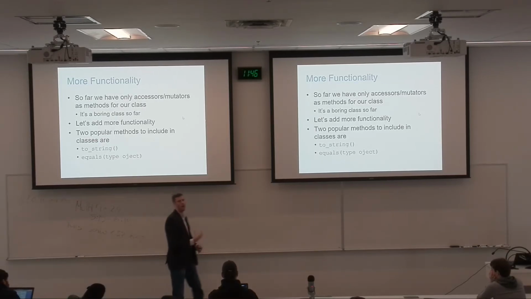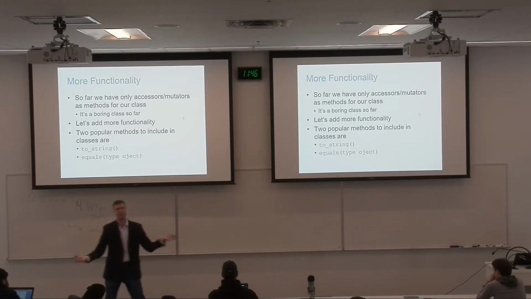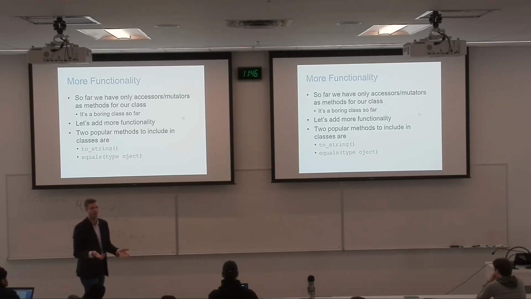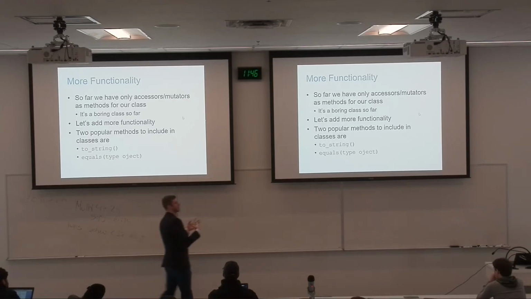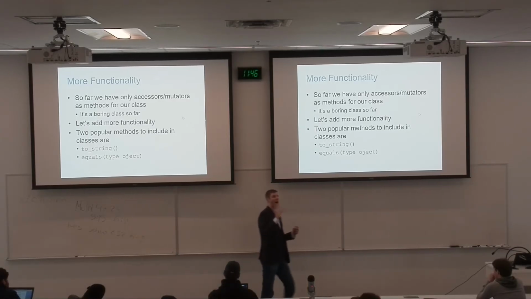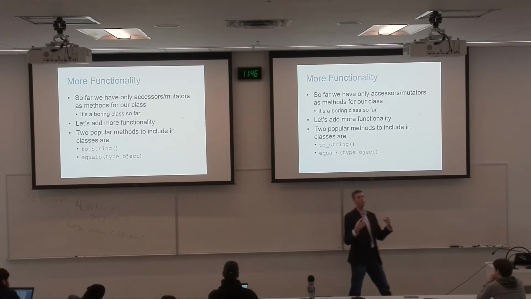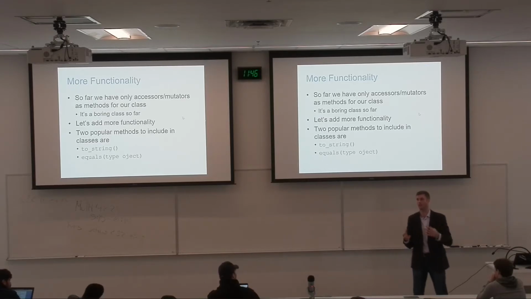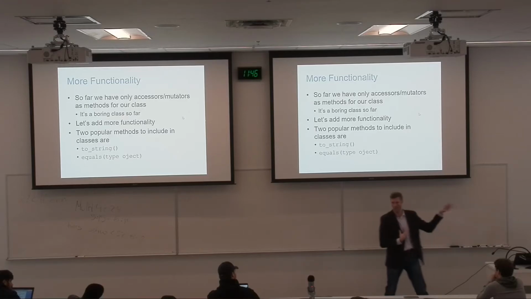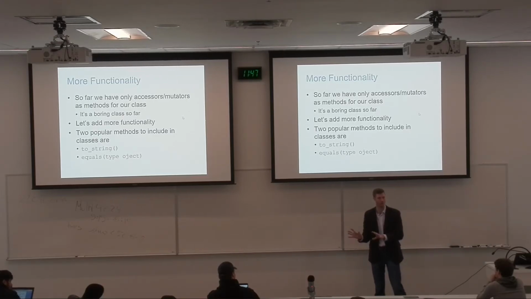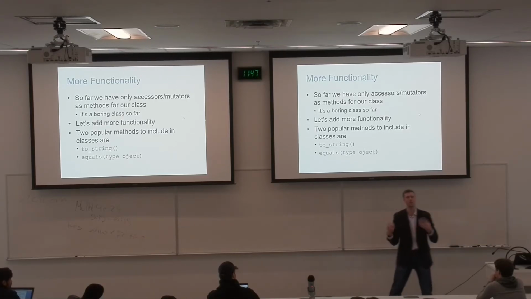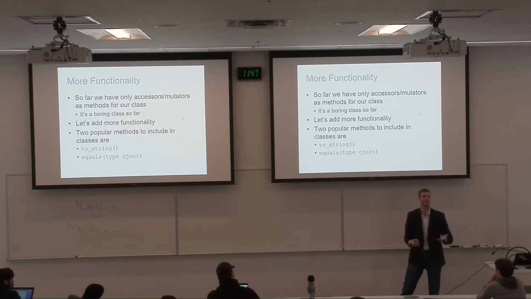But of course, we might want more functionality. We might want to ask grander questions like, hey, do they have the same student numbers? But by default, it gave you one. And if we wanted to have our own, we would override the one it gave us for free. It would basically be like, okay, if I write my own, ignore the default one and use the one I've written. Because I want you to treat this as what it means for two of these objects to be equal.